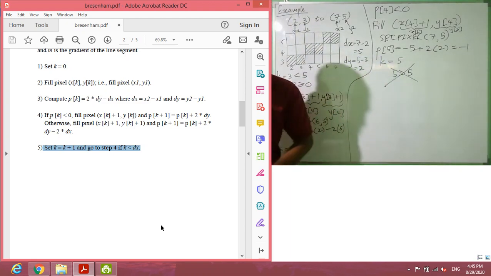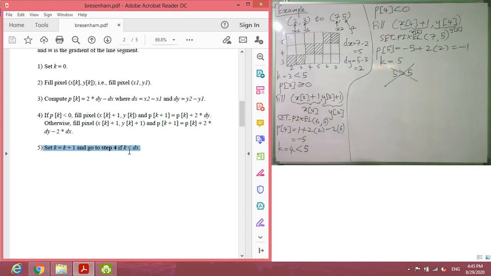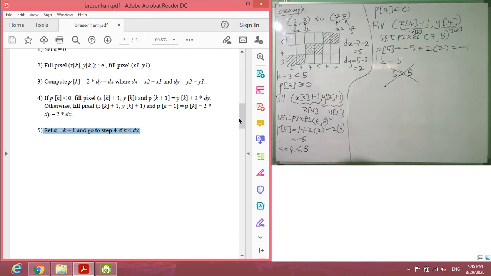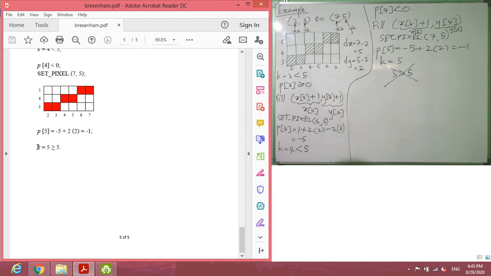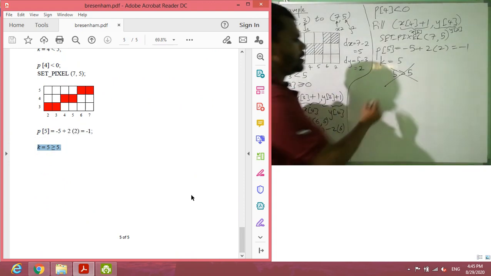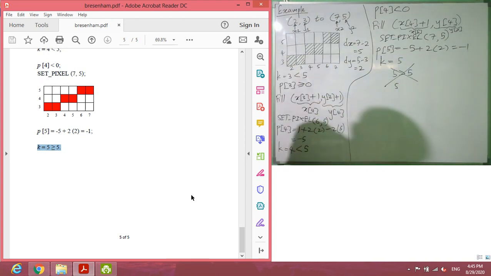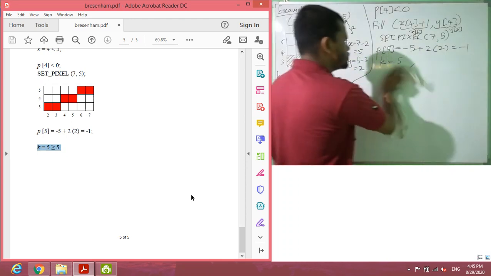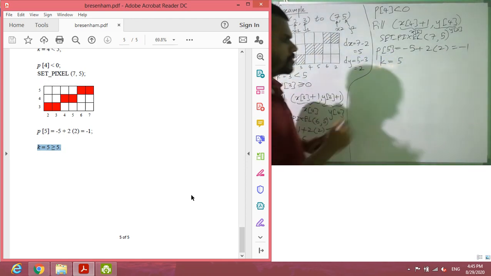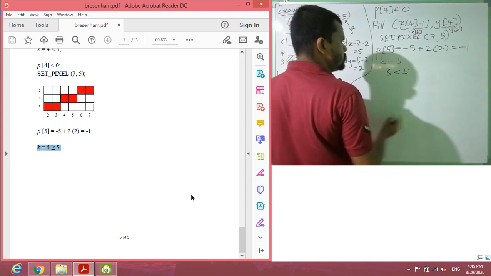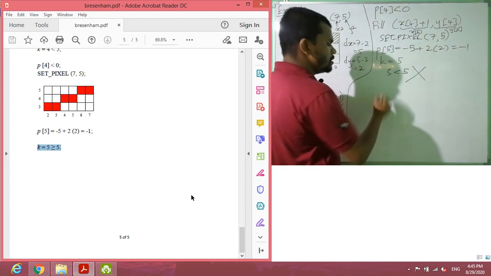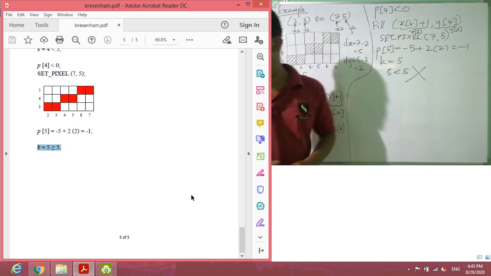So, this condition is false. Therefore, that is the end of execution of these steps. 5 less than 5 is wrong. Therefore, that is the end of execution.